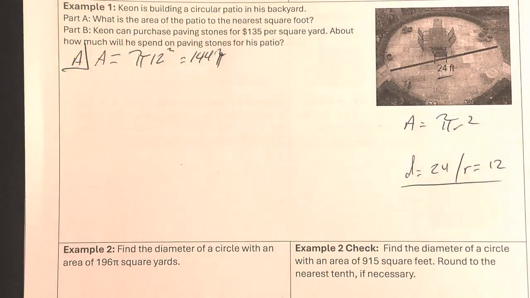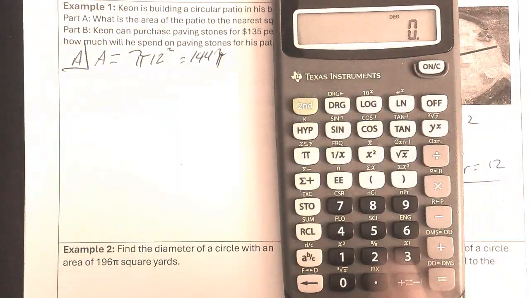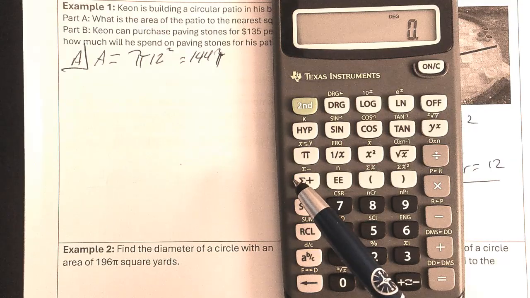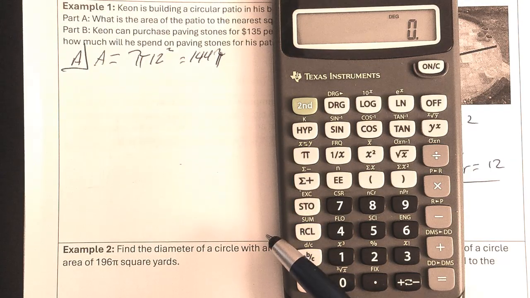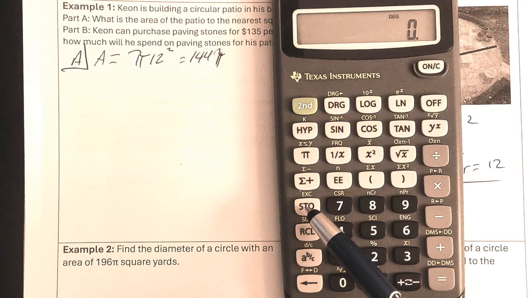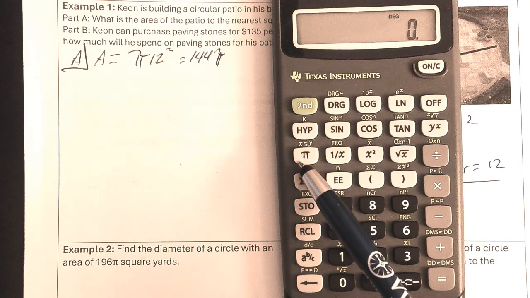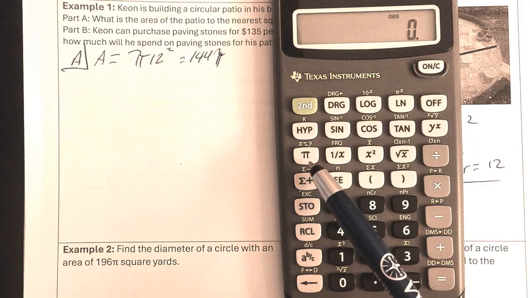And quick calculator lesson. Unless the problem says pi equals 3.14, and for what we do, typically it doesn't. Alex does a couple of times, and there might be one time in McGraw-Hill. The rest of the time, when it says pi, that's the pi button right there.